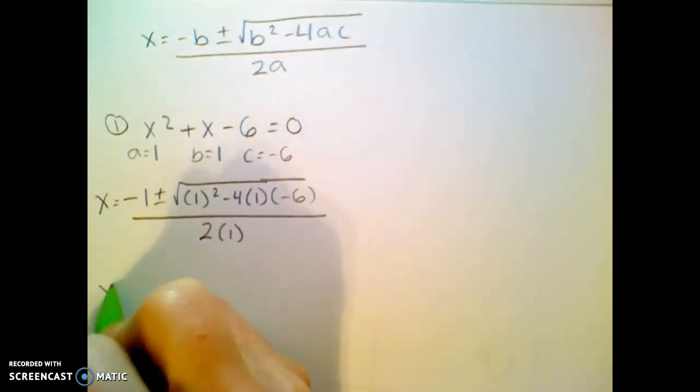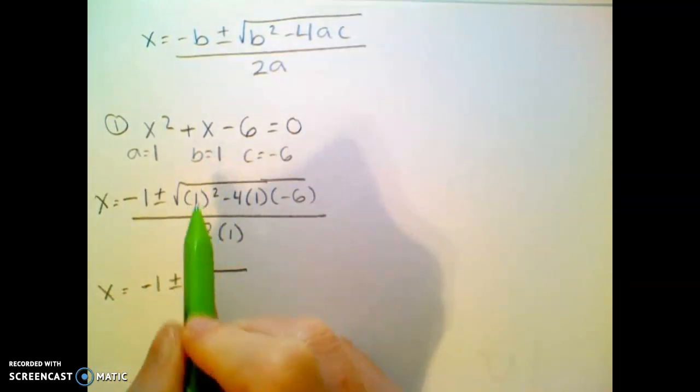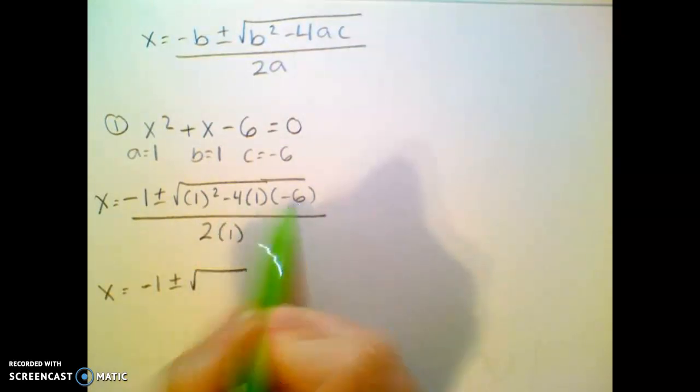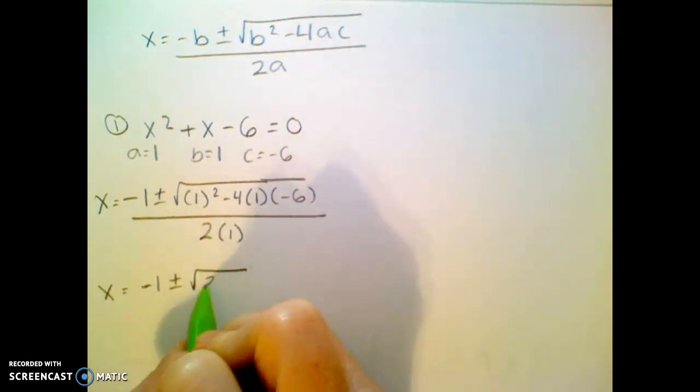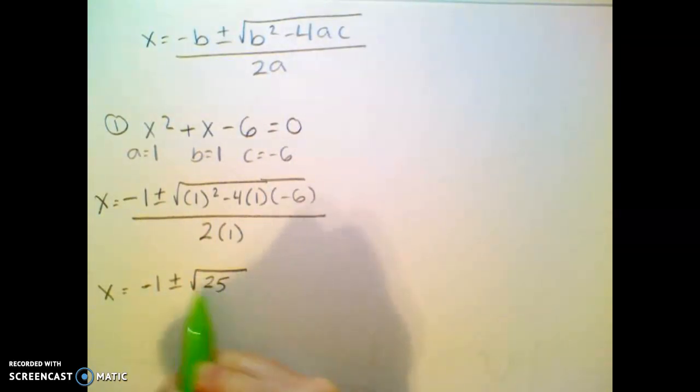Then you're just going to go ahead and do that math. Negative 1 plus or minus. When you type this in the calculator, negative 4 times negative 6 is 24 plus 1 is 25. Automatically, positive 25 means that I'm going to have 2 real solutions.